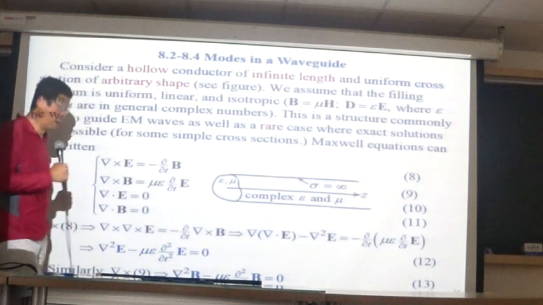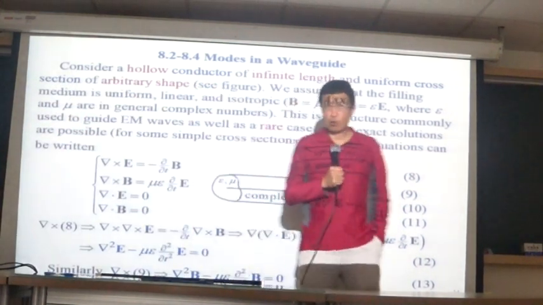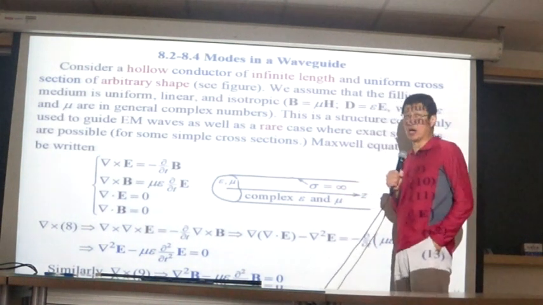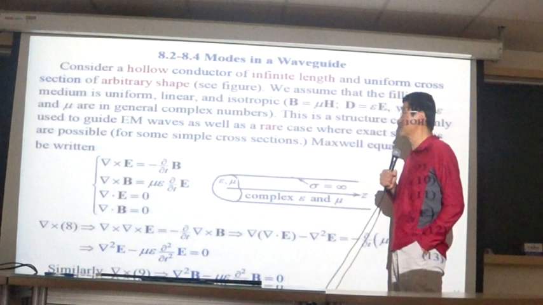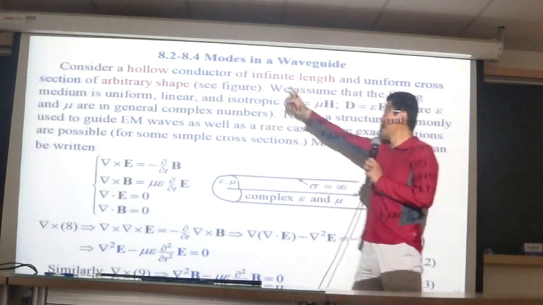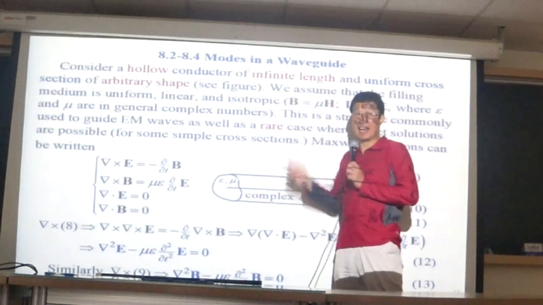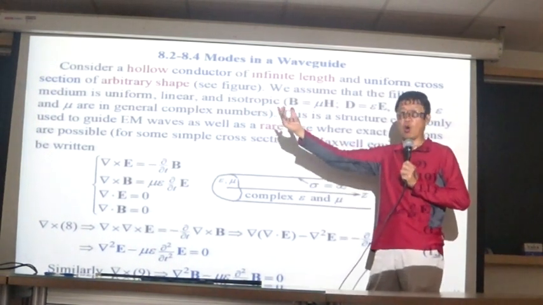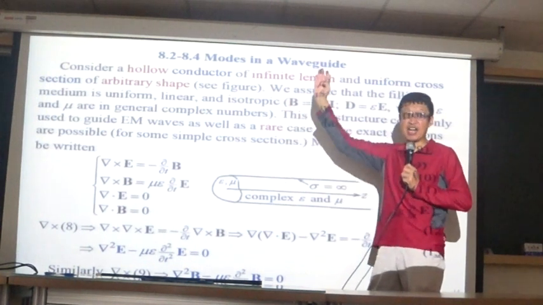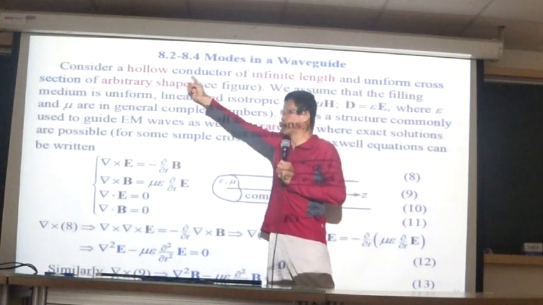Okay, so now let's talk about waveguides. When we talk about waveguides, we have some assumptions. We talk about the uniform waveguide first, so we assume infinite length, very, very long, with no reflection at all. Wave can propagate inside. The other assumption is a hollow conductor.